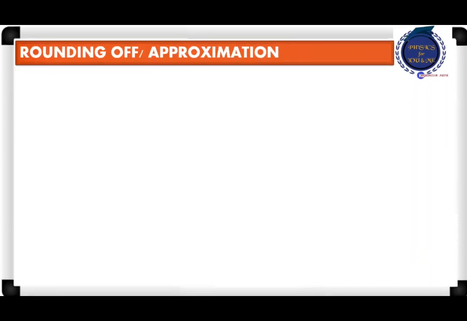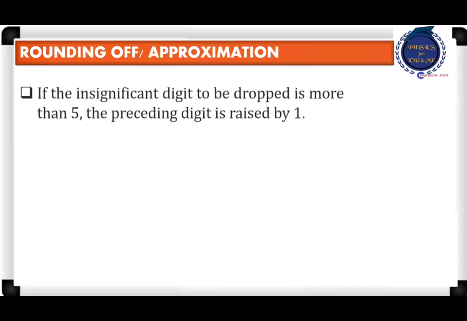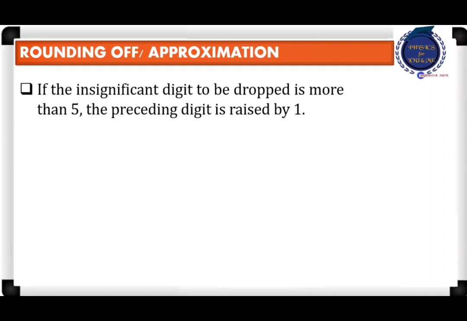Next, we are going to consider rounding off or approximation. We have seen in the previous example that we need to drop some of the digits. When we are dropping some of the digits, we are using this method of approximation. Let us consider the rules followed. If the insignificant digit to be dropped is more than 5, the preceding digit is raised by 1.